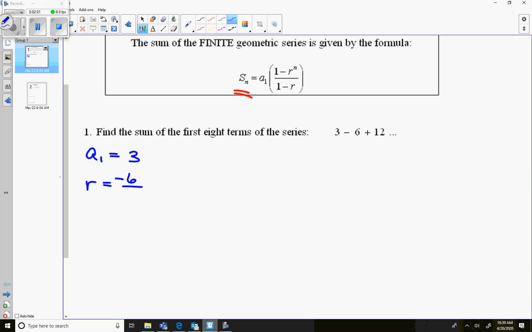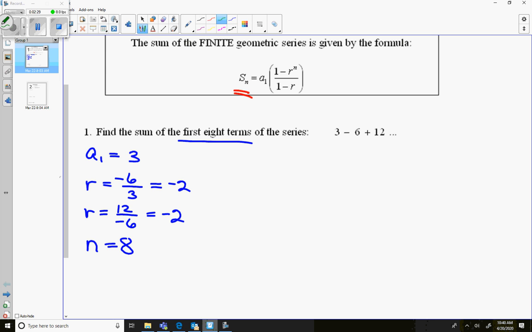So -6 divided by 3 gets us -2. You might have also looked at 12 divided by -6, or you might do both just to confirm that it is actually geometric. But either way, our r is -2. And we want the sum of the first 8 terms, which means n is 8.